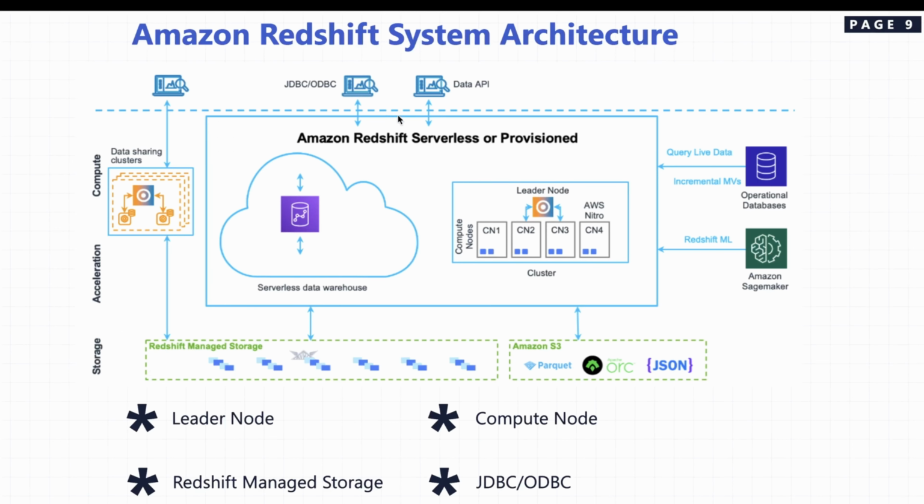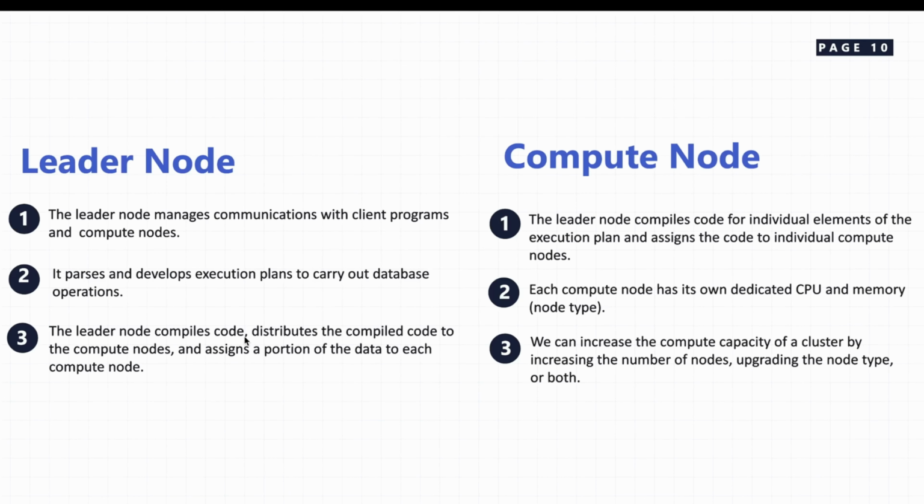So from here it takes your query, makes an execution plan, compiles it, divides your task into smaller tasks, and distributes each task to each compute node. So this is what the leader node does.